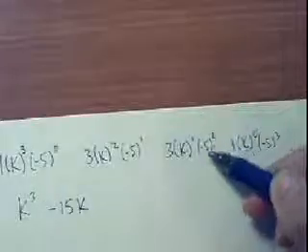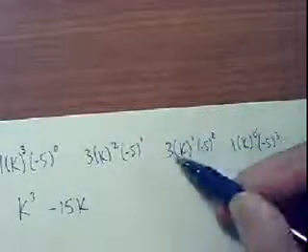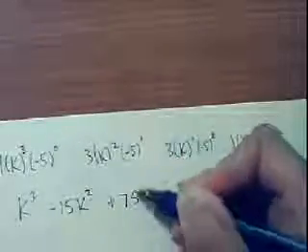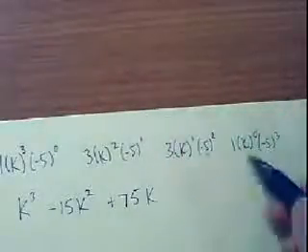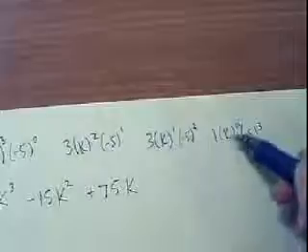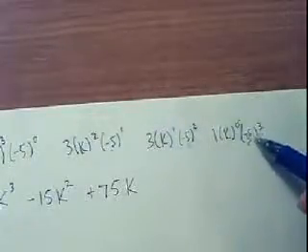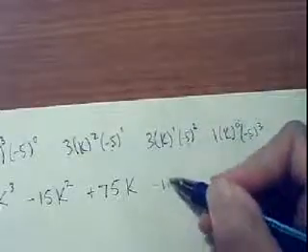On this one, I'd have to do the -5 squared, which would be +25, multiplied by 3 is a positive 75k. And then on the last one, again, anything to the 0 just cancels out, and I'm left with -5 to the third, which is -125.